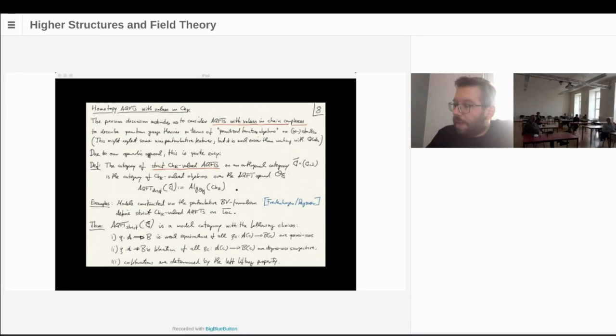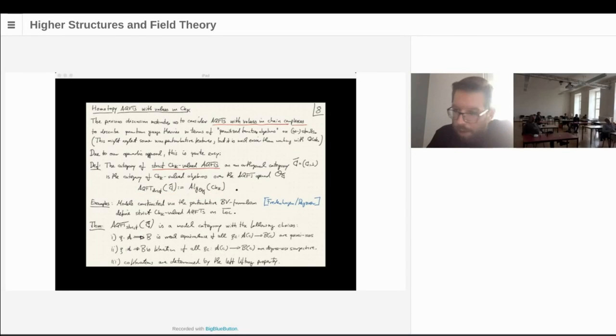So we can easily define a category of, I call it, strict chain valued AQFTs on an orthogonal category, so on a spacetime category. And this is a category of algebras over the AQFT operad, however, with values in the category of chain complexes. So strict AQFTs are algebras over the AQFT operad with values in chain complexes.